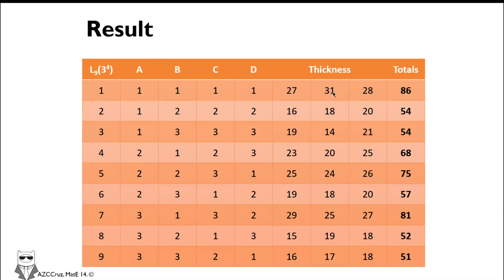By adjusting a particular factor, gusto niyang babaan tong thickness na to para ma-reach yung 20. That is signal factors, no? So ang signal factor siya yung ina-adjust natin para ma-reach yung target na value.